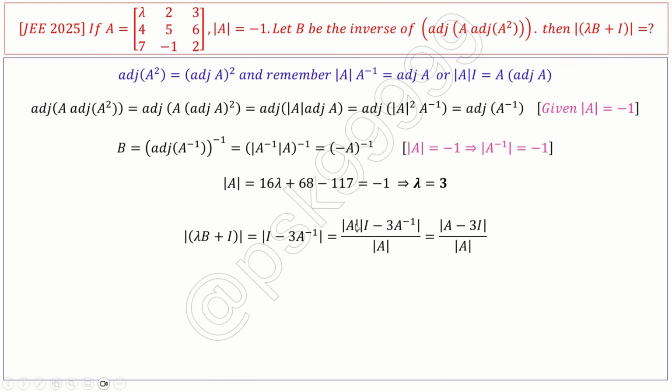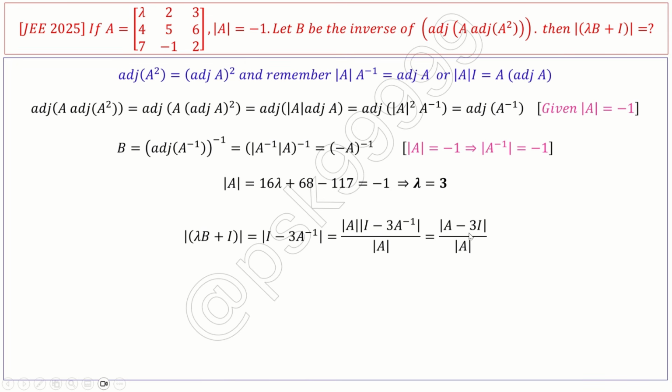Determinant of A is minus 1. So if I multiply numerator and denominator by it and take it inside, A into I is A, and A into 3 A inverse is nothing but 3I.